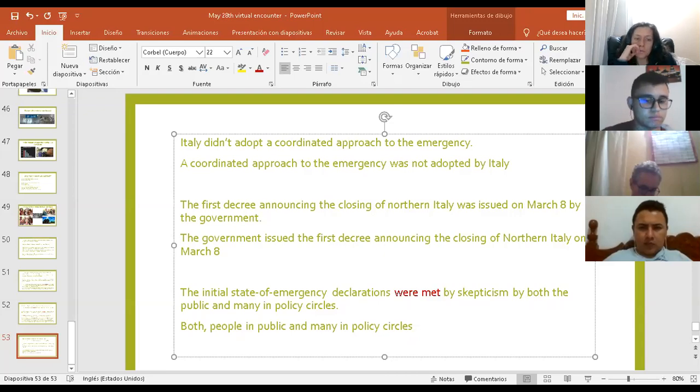And the verb? Met. Exactly. Met what? The initial state of emergency declarations. Exactly.